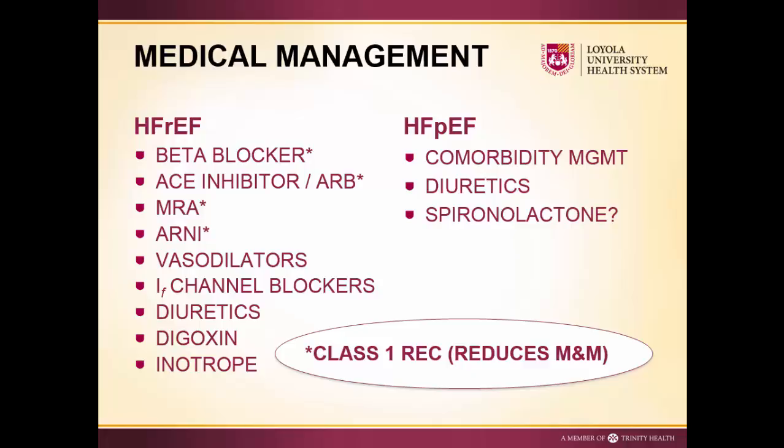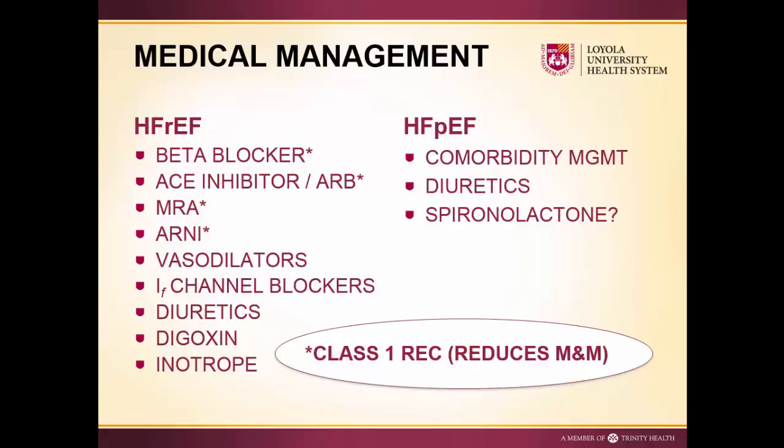Between about 1991 and 2003 or so, we had a number of studies that showed the benefit of 3 different beta blockers, specifically metoprolol succinate, bisoprolol, and carvedilol, as well as a number of ACE inhibitors, most notably lisinopril, enalapril, and captopril, as well as the ARBs candesartan, valsartan, and losartan, and the mineralocorticoid receptor antagonists spironolactone and eplerenone.